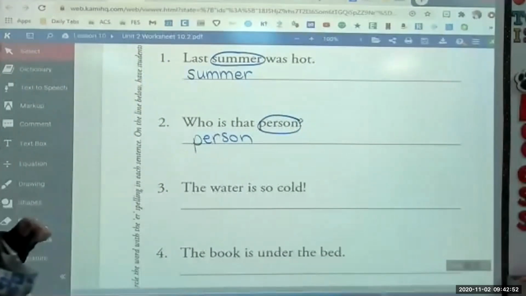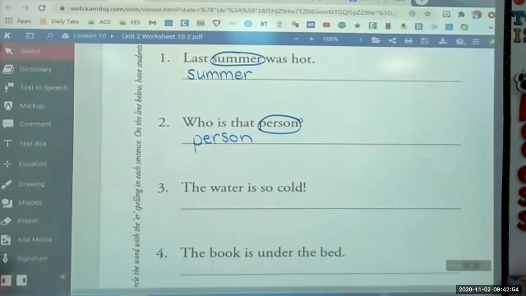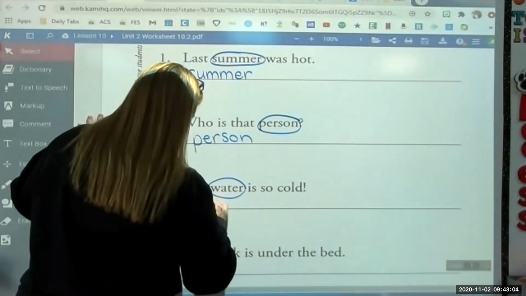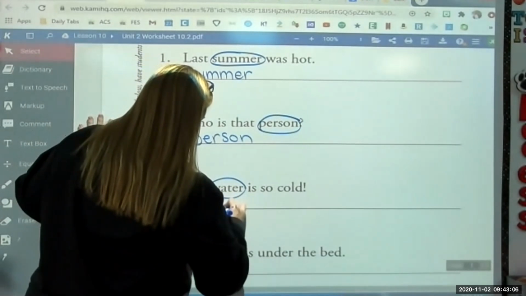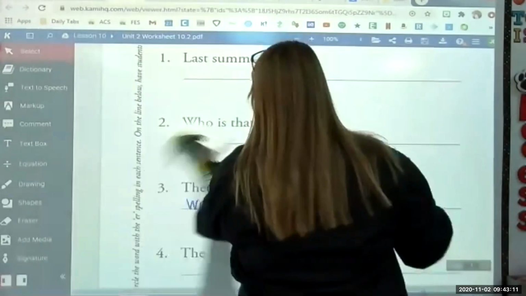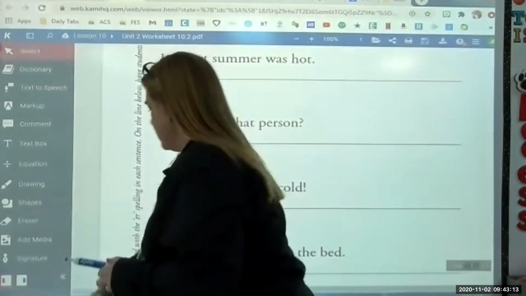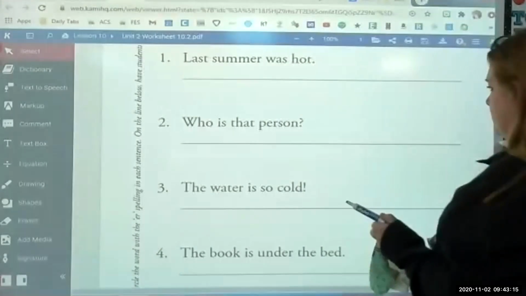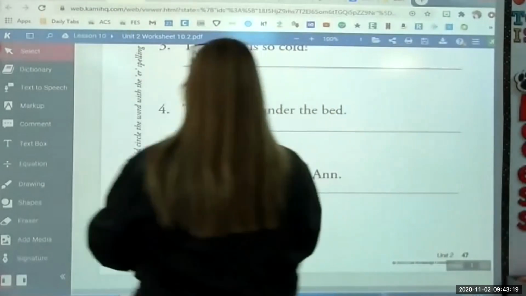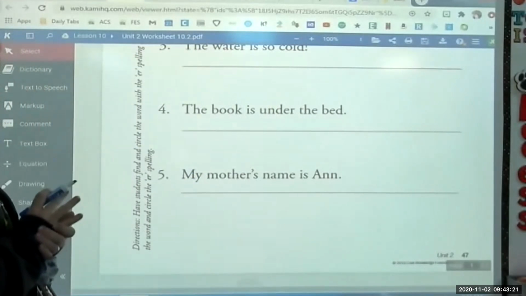The water is so cold. What word in that sentence has the ER spelling? Good job. The word water. Okay, I'm actually going to erase this and move my screen up so you can see it. All right, the next one, the book is under the bed.